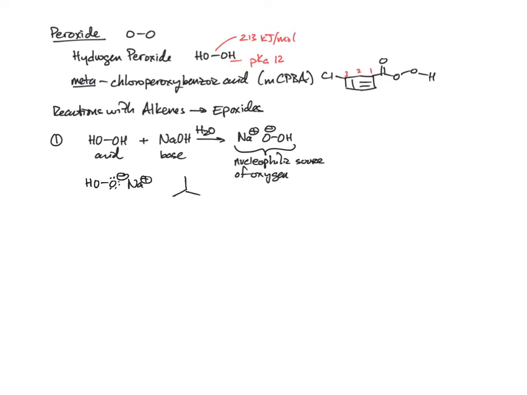Which is an alkene. So we have this alkene. This is a tri-substituted alkene, so 1, 2, 3 substituents. Next to this alkene is this carbonyl group, and that actually imparts some important reactivity on the alkene itself, and that's demonstrated through the use of resonance structures.